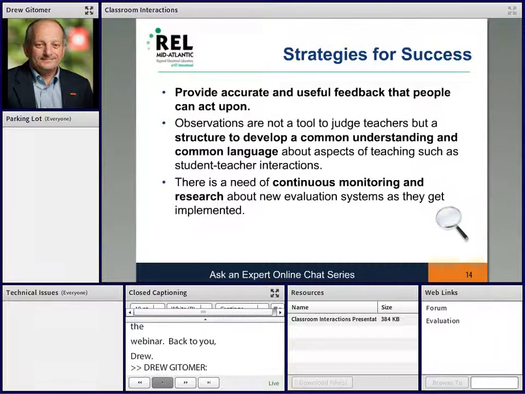I want to talk about some of the strategies that we've seen for success from the research literature. And we do see some promising practices in various systems. There are ones in which there's a sustained effort across a system.